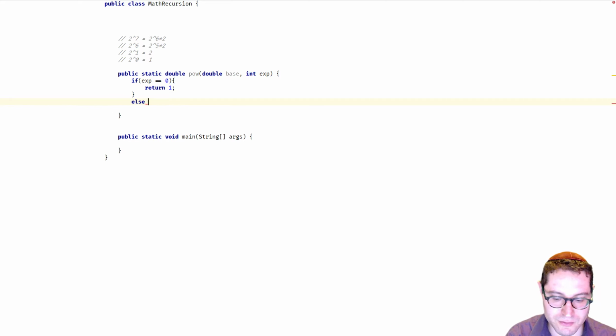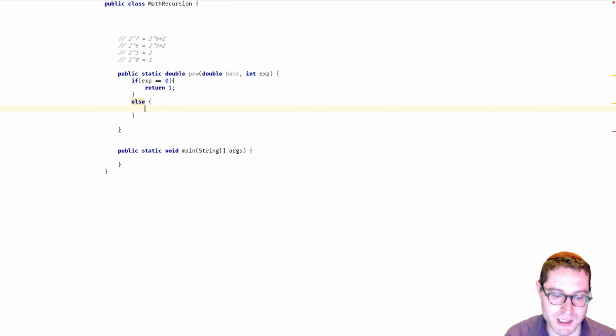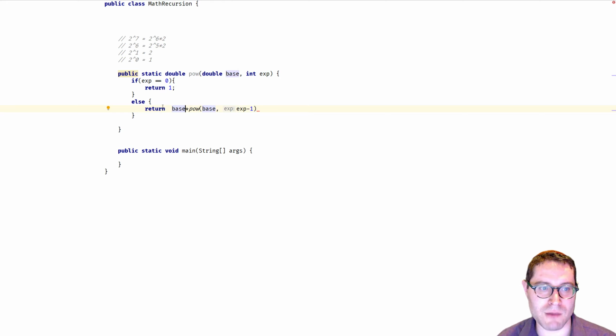Else, it's fairly straightforward. Return base times pow of base to the exponent minus 1. What we do is that otherwise we return having taken out the 2 here, and we now multiply by 2 to that exponent.